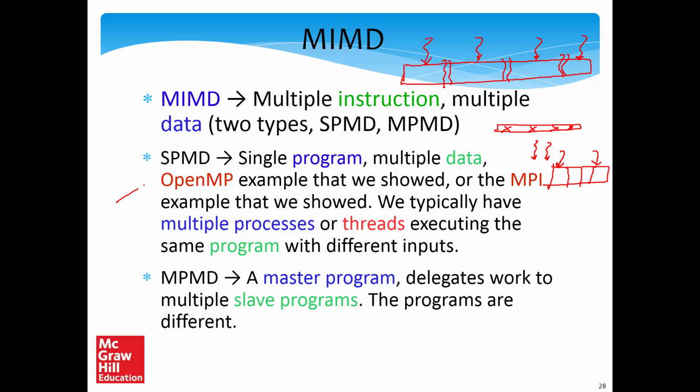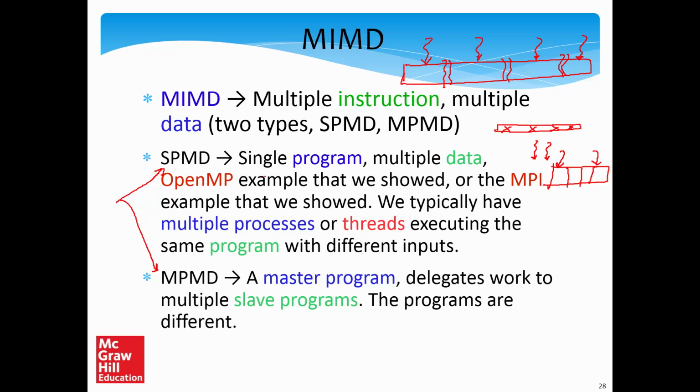There are two main types of MIMD processing. One is SPMD, one is MPMD. SPMD is basically what we have seen in our previous lecture, which of course has multiple instruction streams, but the instruction streams are coming from the same program.